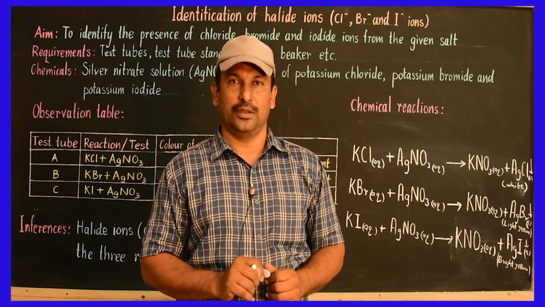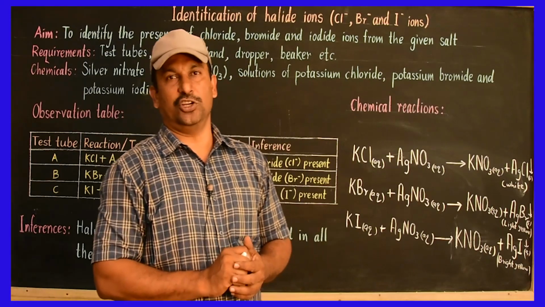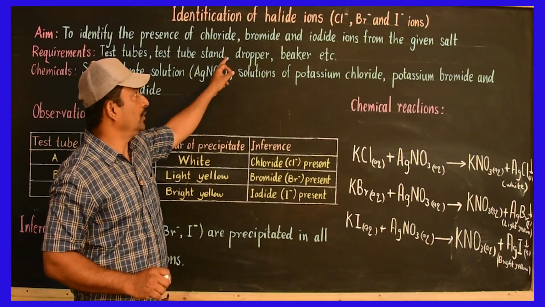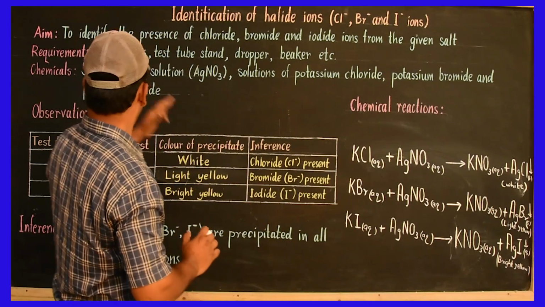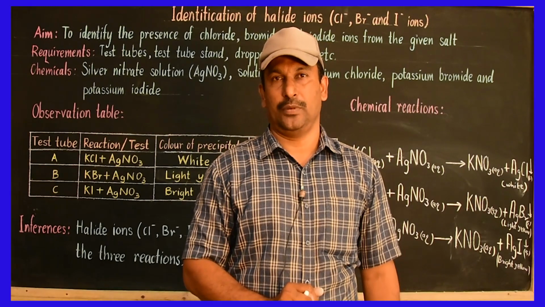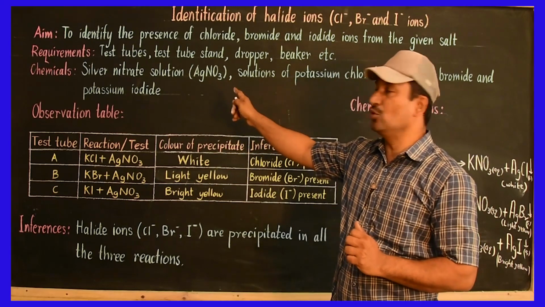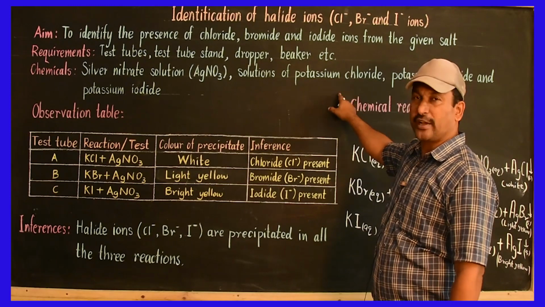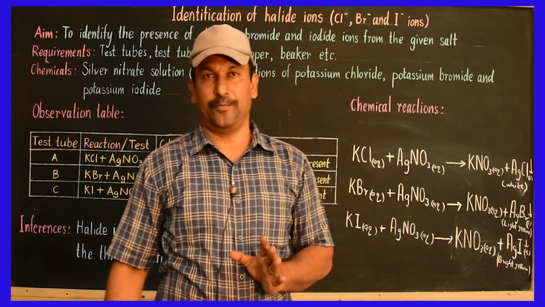Already we have seen them while performing the experiment, and the same requirements you have to write in your journal: test tubes, test tube stand, dropper, beaker, etc. Then you will write the chemicals needed: silver nitrate solution, that is AgNO3 solution, then solutions of potassium chloride, potassium bromide and potassium iodide.